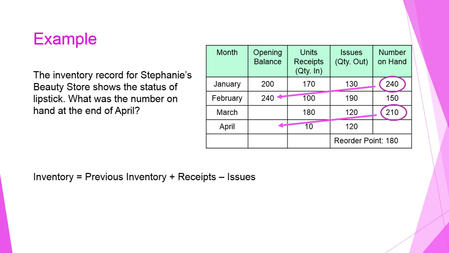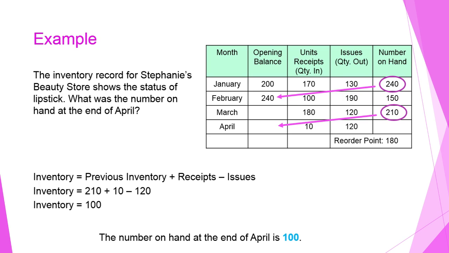So the units receipt, or the quantity in, is how many the store received, which is 10. Issues is quantity out, or how many did the store sell. So that means we need to subtract that from our inventory. So we have 210 plus 10 minus 120, giving us the number on hand at the end of April to be 100.